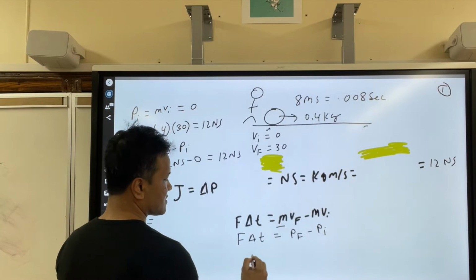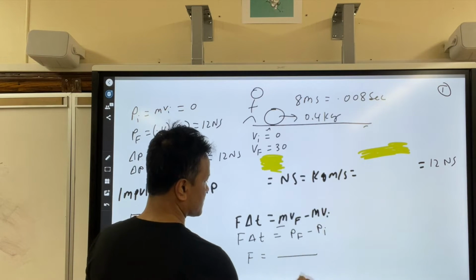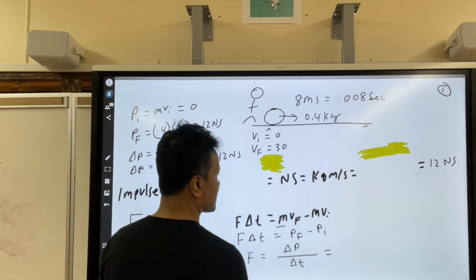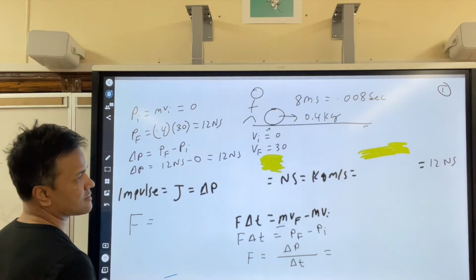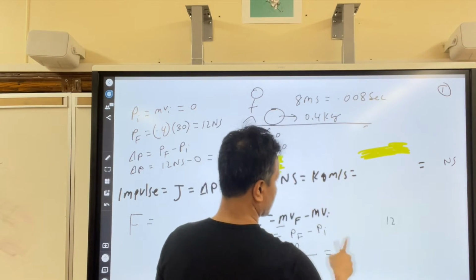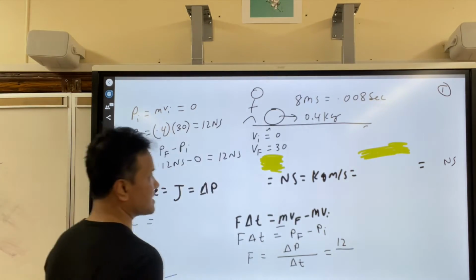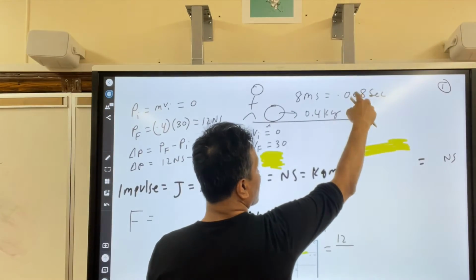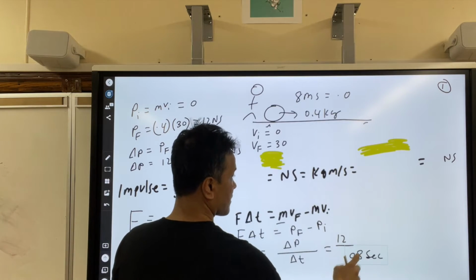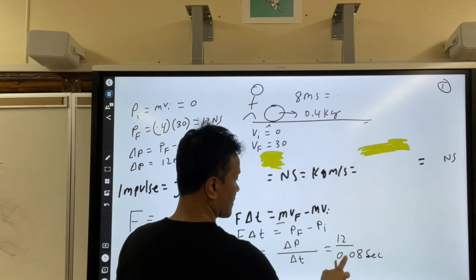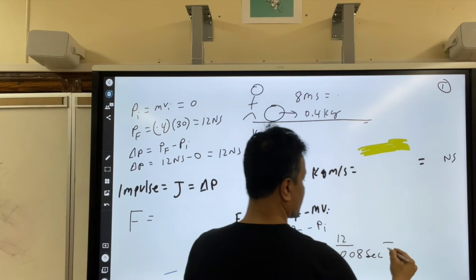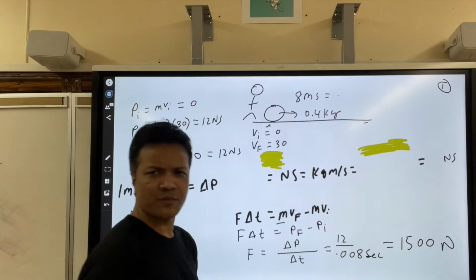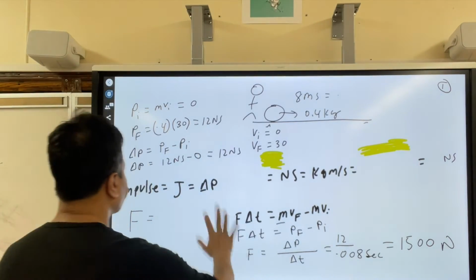So F is equal to delta P over delta T. I think we have delta P here, and delta T somewhere. So it's 1500 Newton.